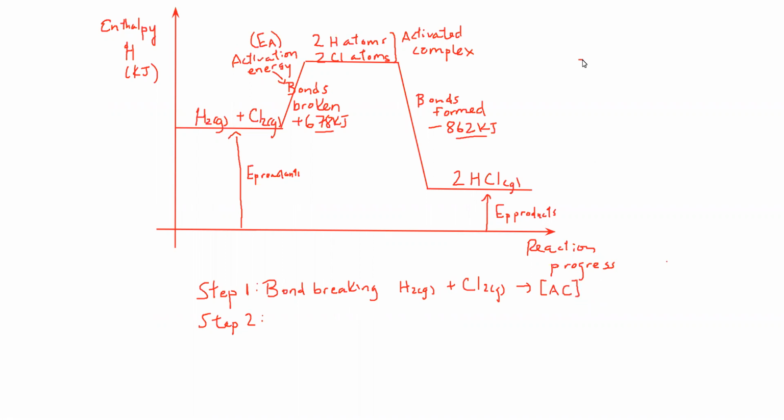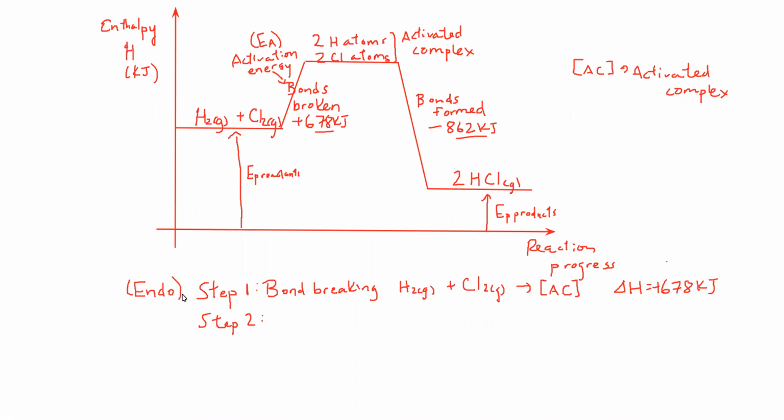Okay, this AC here, let me just write it on the side, refers to the activated complex. And this particular step has a change in H of approximately 678, just like we were labeling earlier. So this is positive. Do you have to put the positive? No. I just like the visual of the positive to help me remember, oh, this part is endothermic. And it's something I'm going to label on the side as well, endo.